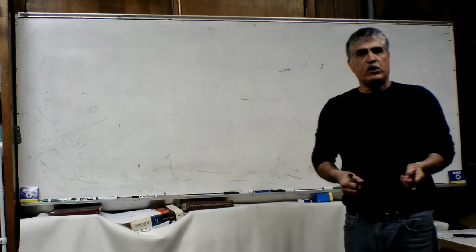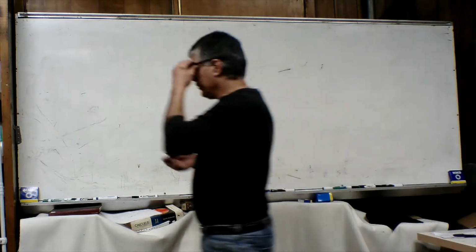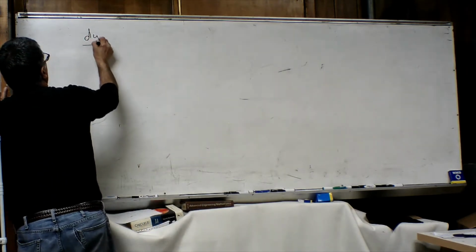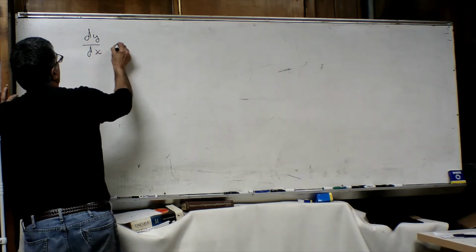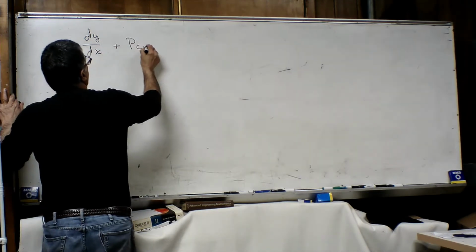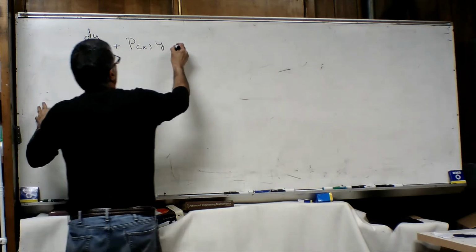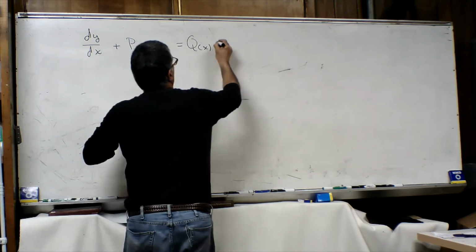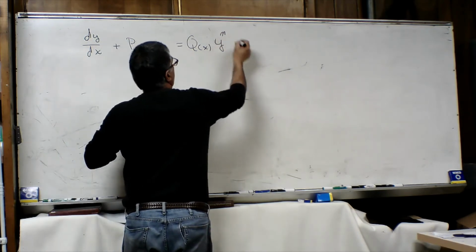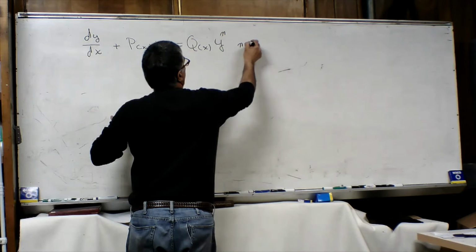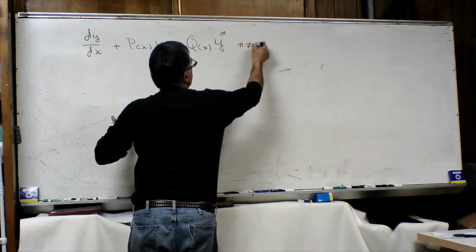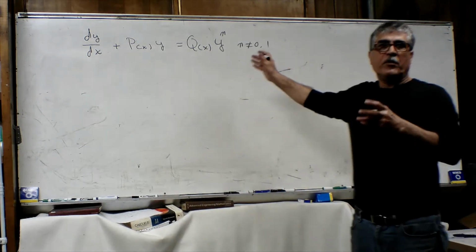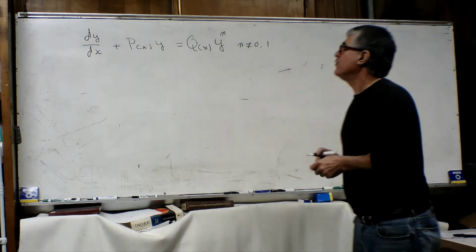Bernoulli differential equations are usually written in this form: dy over dx plus p(x)y is equal to q(x)y to power n, where n is anything other than 0 and 1. So this is what a Bernoulli equation looks like.